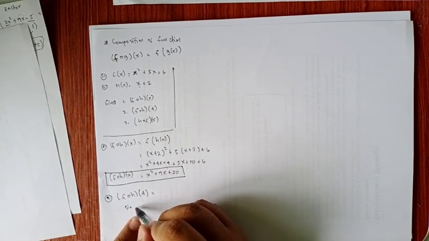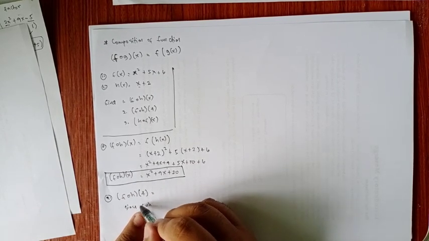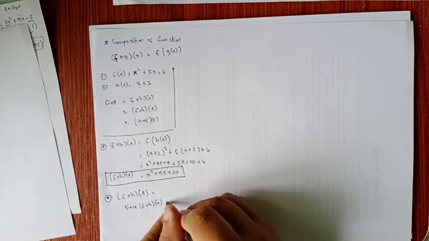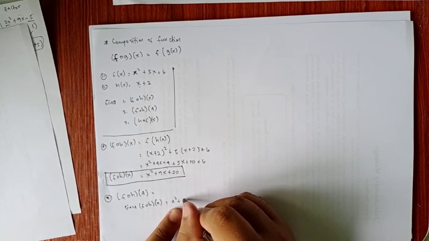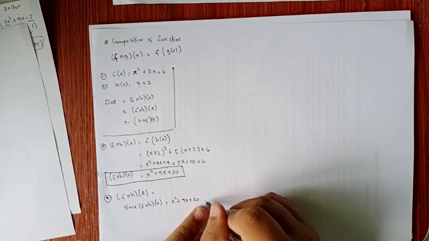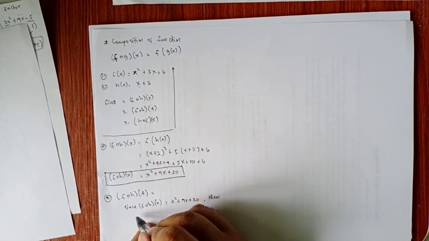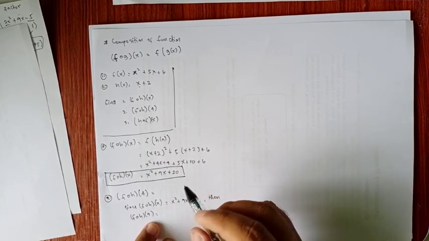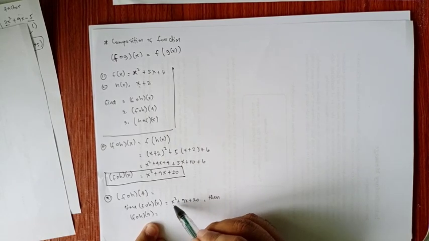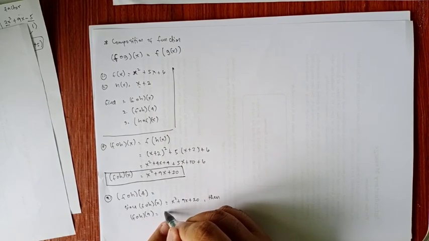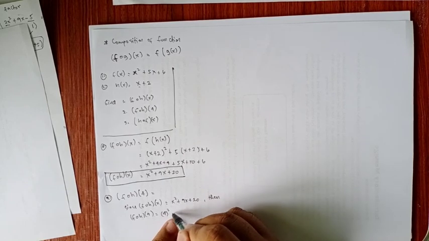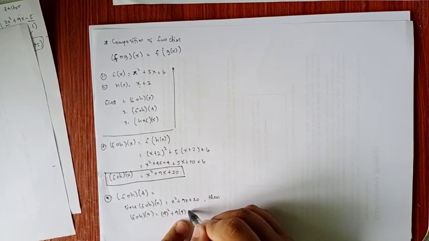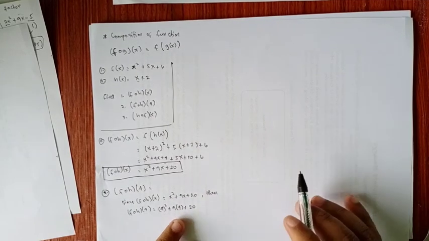So, since f circle h of x is equals to x squared plus 9x plus 20, then si f circle h of 4 naman, palitan ko lang yung x natin dito ng 4. So, magiging 4 squared siya, ayan, plus 9 times 4, pinalitan ko siya ng 4, plus 20.